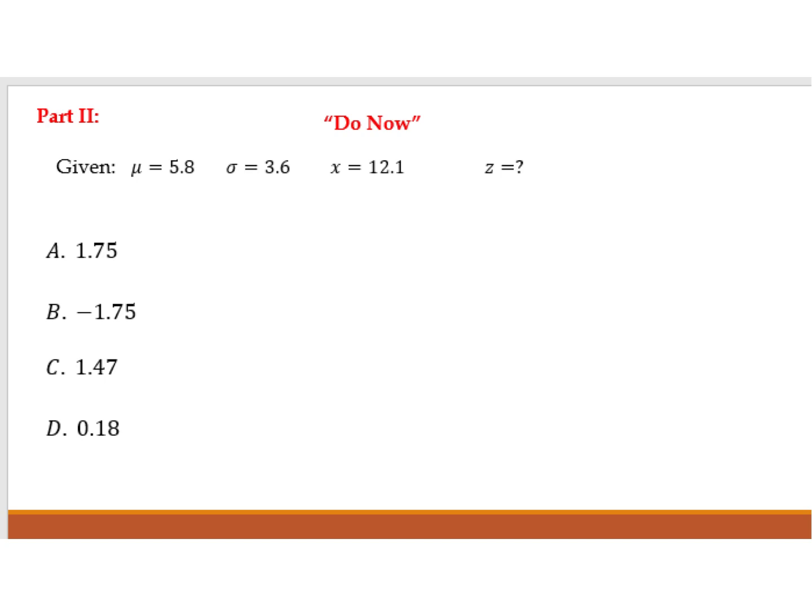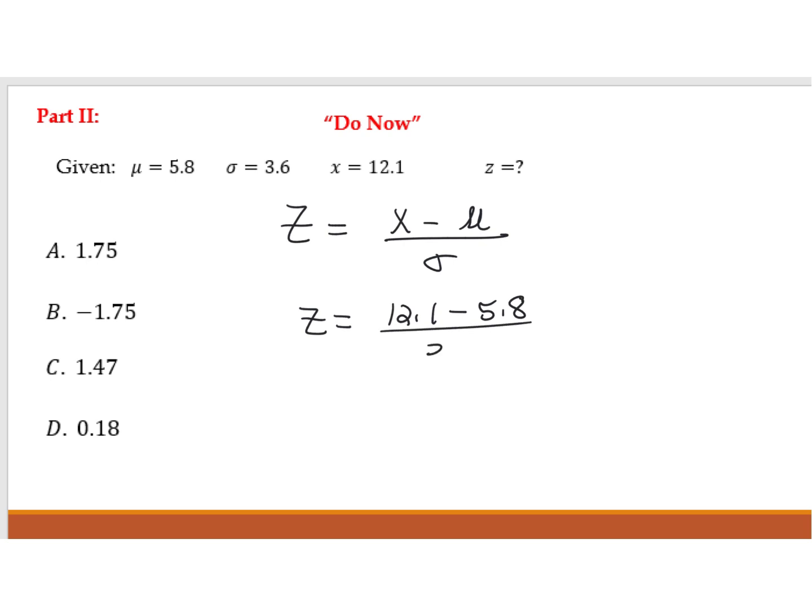All right, on this one, we're given the information for the mean, the standard deviation, and we're given a value for x, and we are finding z. We are going to be using that formula. Z is equal to x minus the mean over the standard deviation. I would have z is equal to x, which is 12.1, minus the mean, 5.8, divided by 3.6.